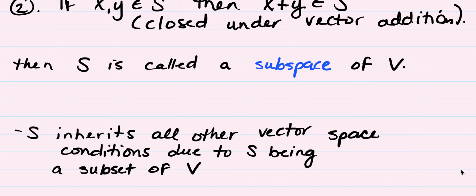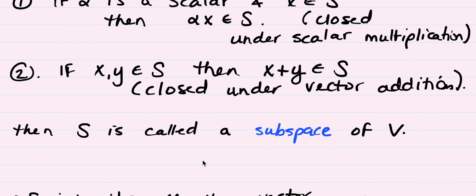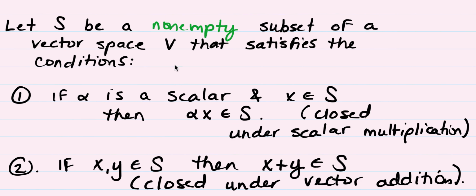S inherits all other vector space conditions because S is a subset of V. So in other words, we had 10 properties for something to be a vector space. 8 of those properties are already inherited for S because it is a subset of V. And being a subset of V, you get all of those properties for free.